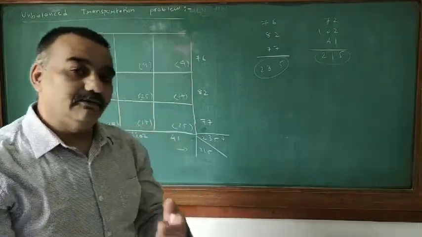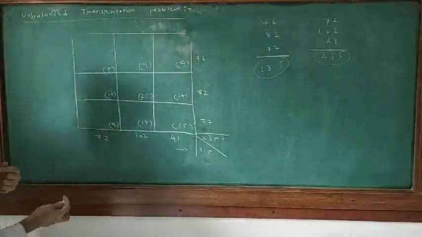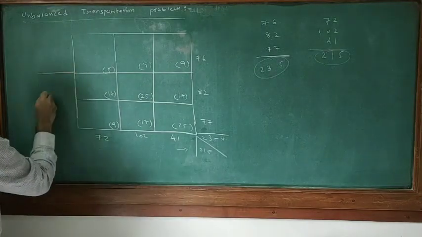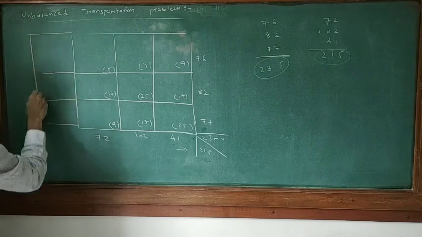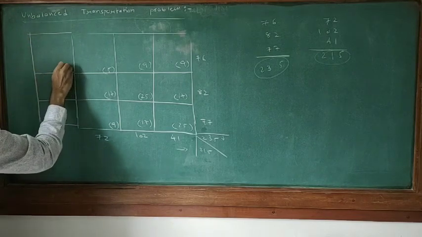So here we have to first make it balanced, and therefore we have to add one column there.